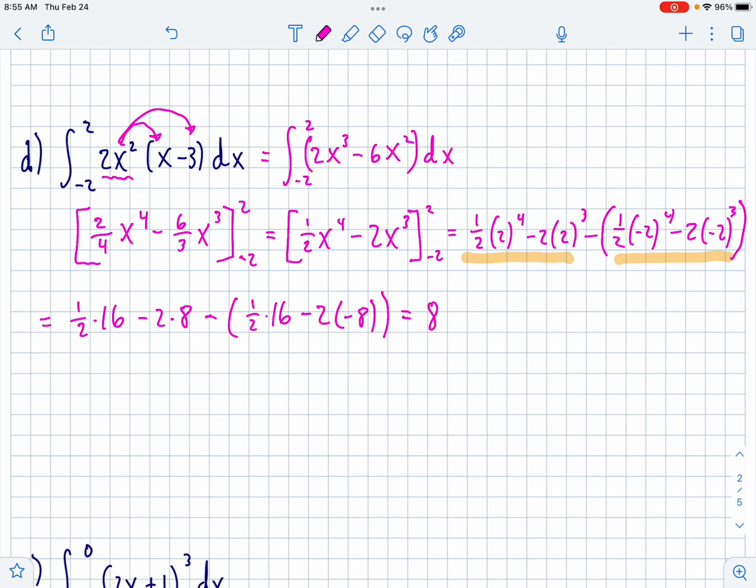This equals 8 minus 16 minus 8 plus 16. 8 minus negative 16 is negative 8, and then the 8 and 16 together are 24, so this is minus 24. I believe this whole thing is negative 32. Let's check the book. Yep, we nailed it. Sweet.